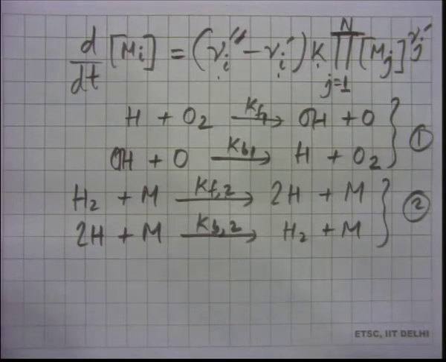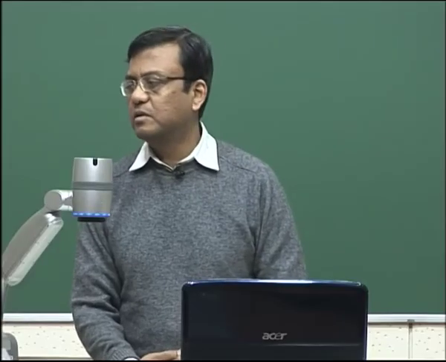All right. So, I can anticipate the question. The question must be, what is M, right. Now, M is a collision partner, in the sense that if you have, let us say, hydrogen and air, then this hydrogen may go and strike something. It might strike oxygen, it might strike nitrogen, it might strike something else if a small amount of something else is present. So, if it strikes nitrogen, then nitrogen becomes a collision partner.